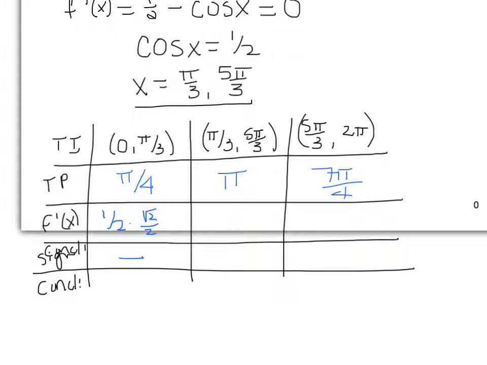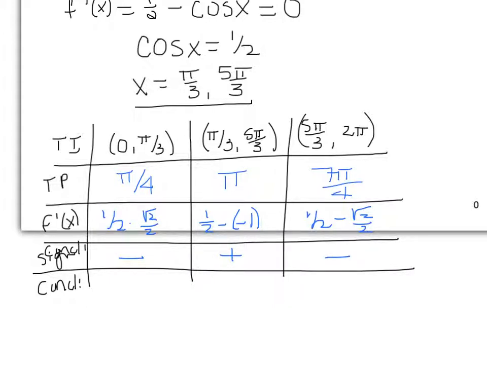If I plug in pi, then I end up with 1/2 minus a negative 1, which becomes plus. So this is going to give me a positive sign. And here we're going to end up with 1/2 minus the square root of 2 over 2, which again is a negative number.